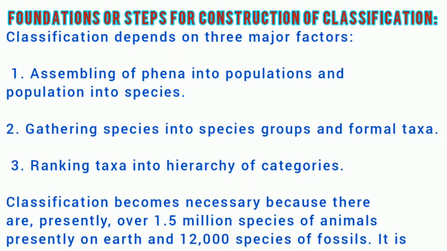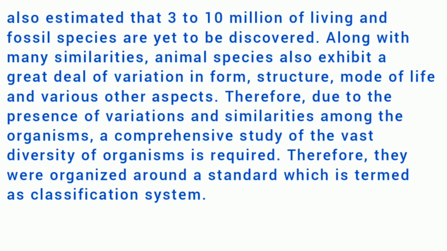Classification becomes necessary because there are, presently, over 1.5 million species of animals on Earth and 12,000 species of fossils. It is also estimated that 3 to 10 million living and fossil species are yet to be discovered.